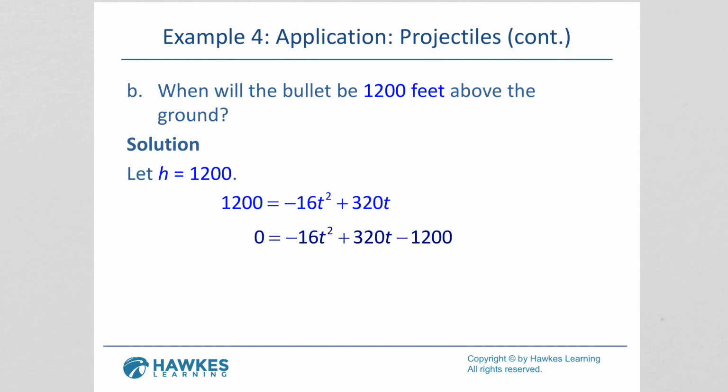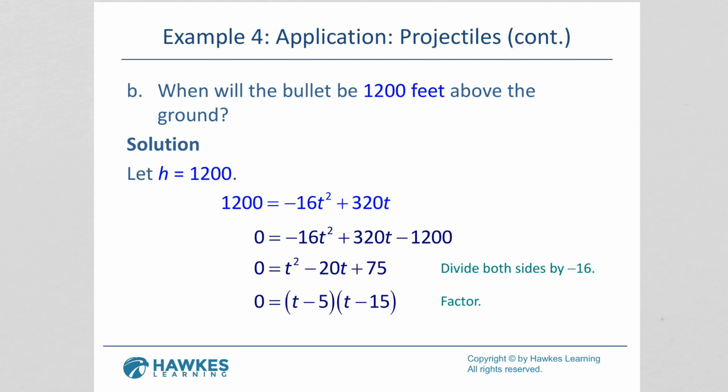Subtracting 1,200 from both sides, we have 0 equals negative 16t squared plus 320t minus 1,200. We're going to divide everything by negative 16, which gives us 0 equals t squared minus 20t plus 75. And that factors into t minus 5 times t minus 15.